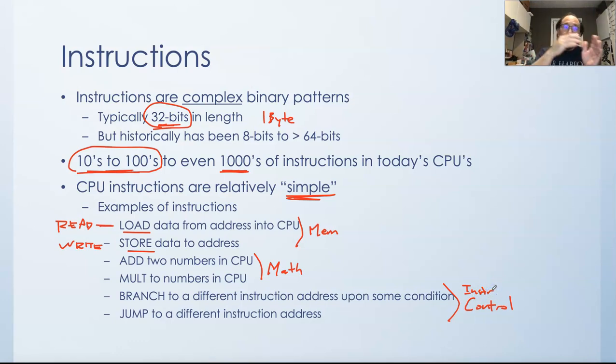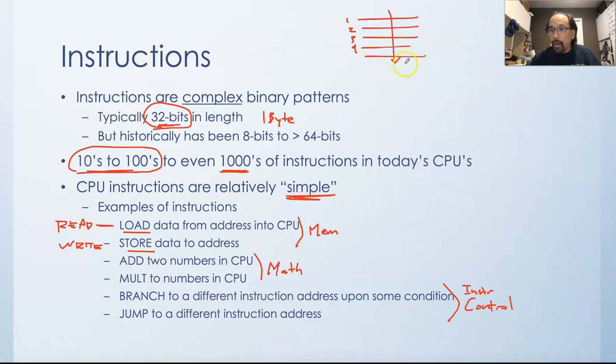What this does is it tells the computer how to change the flow. It might say branch or jump to a different address. Remember I said typically the CPU will be executing sequentially one instruction at a time: 1, 2, 3, 4. But sometimes I don't want it to be sequential anymore, and I want it to jump to some other place in memory and get the instructions from somewhere else. So in this case, I might execute a jump instruction which tells it to jump somewhere else.